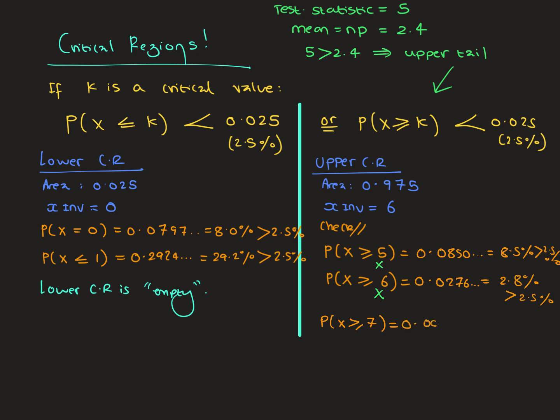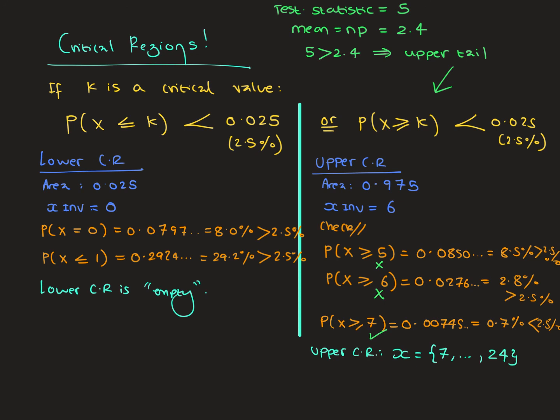It's 0.00745, etc., or 0.7% to one decimal place, which is less than 2.5%. So 7 is a critical value. So our upper critical region is the set of values x which are 7 or above. So 7 up to 24 would constitute critical values.